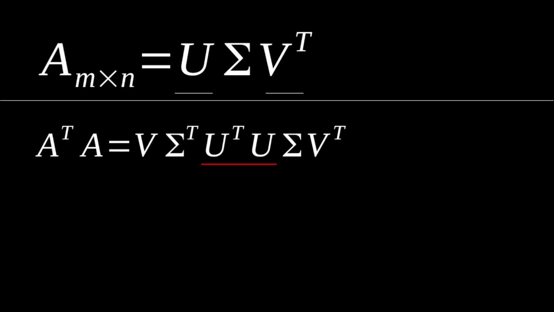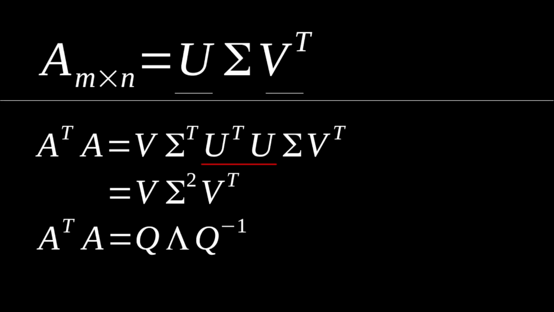Notice that we get a U transpose U right in the middle here, and our U matrix and V matrices are orthonormal matrices, meaning that it gives us back the identity matrix, so we will simplify this all down to being V sigma squared V transpose, because the transpose of a diagonal matrix is just itself.